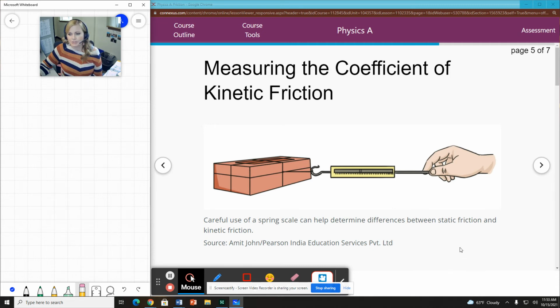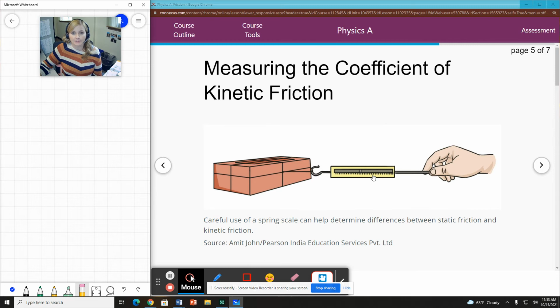So to measure static friction, what we do is we take an object called a spring scale, it looks like this, and we attach it to the object. And so there's a spring inside of here, and the more you stretch it, the harder you pull, this little dial is going to register at a higher force.